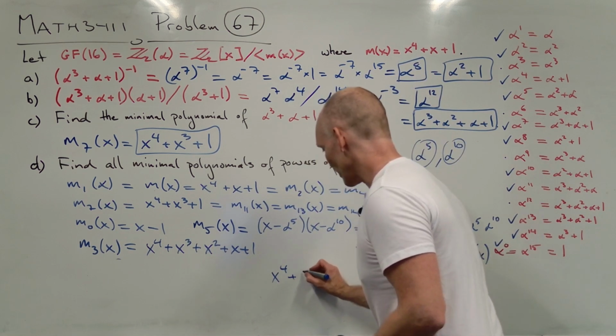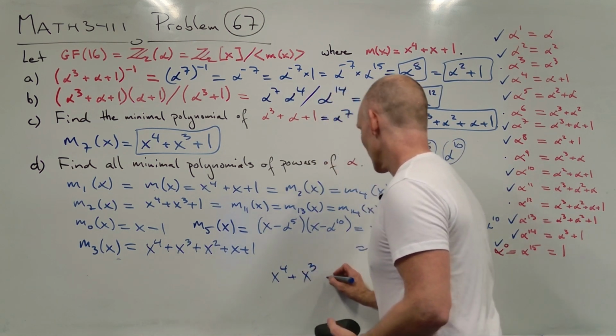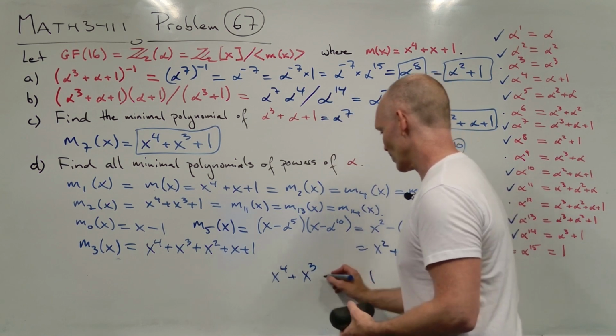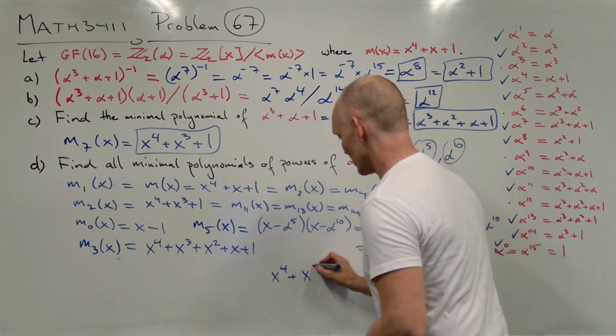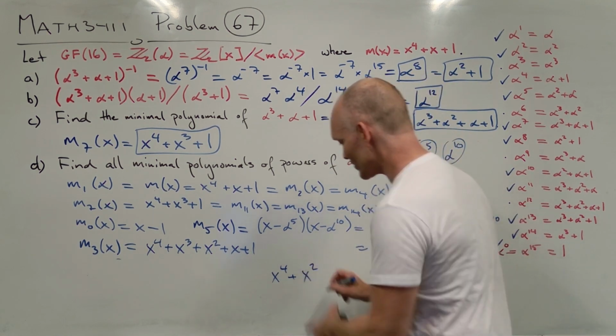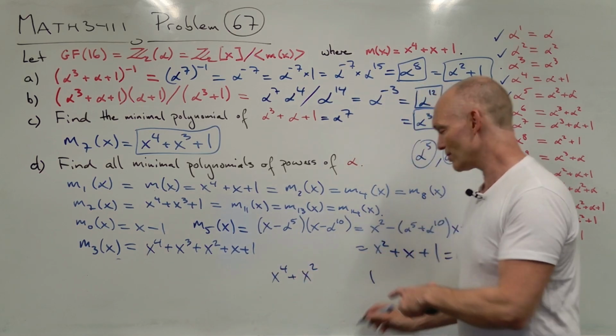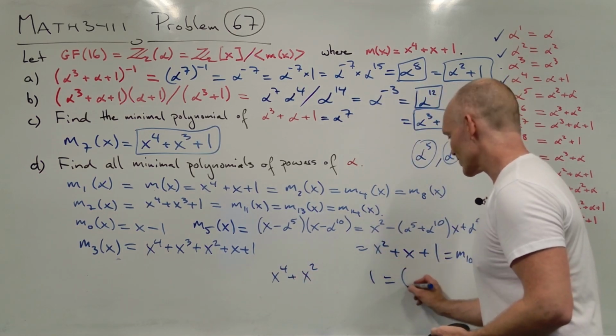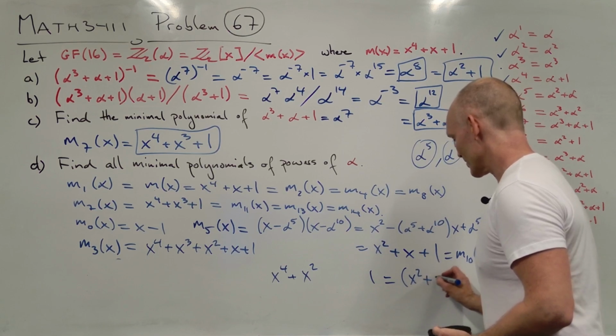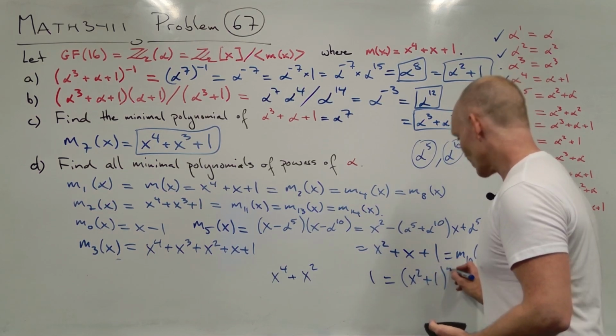So in other words, it could either be x cubed, just one term, or x squared, except this one's a little bit tricky because in binary, this is the same as saying x cubed plus 1 squared.